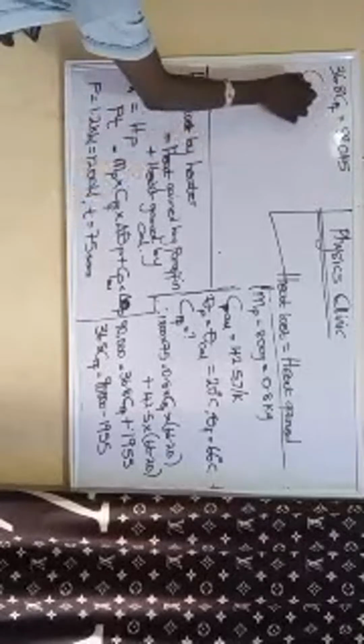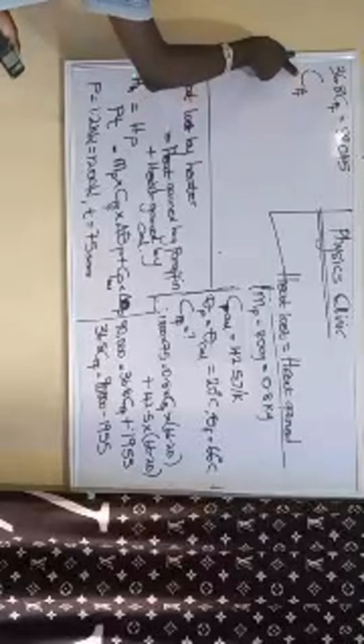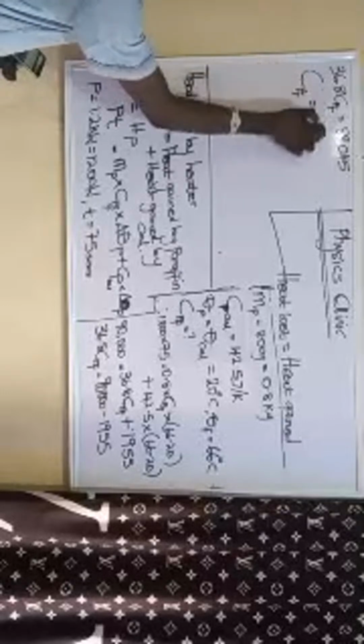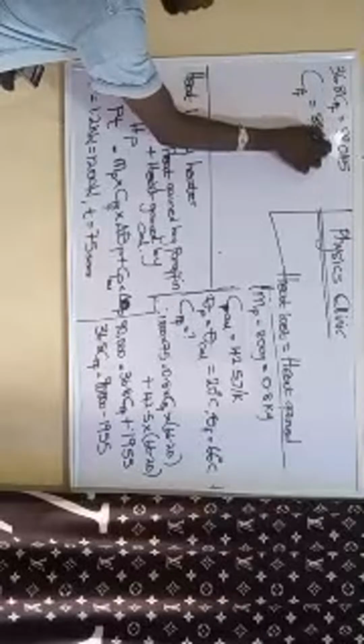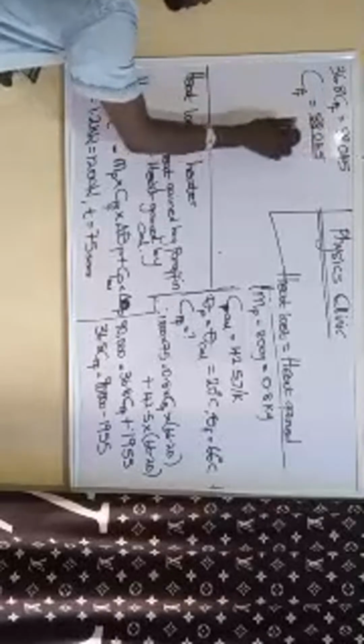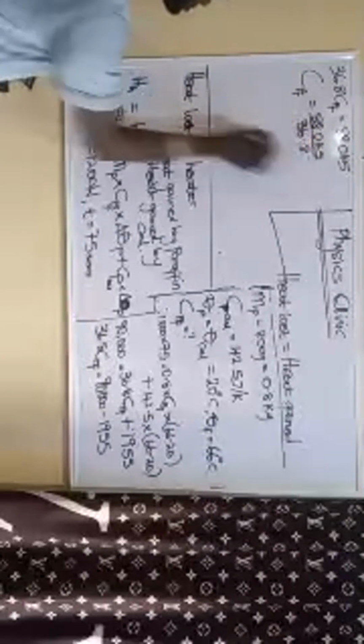So my C_PF, which is the specific heat capacity of paraffin, will be equal to 88,045 divided by 36.8.